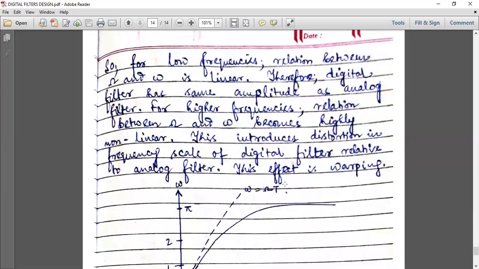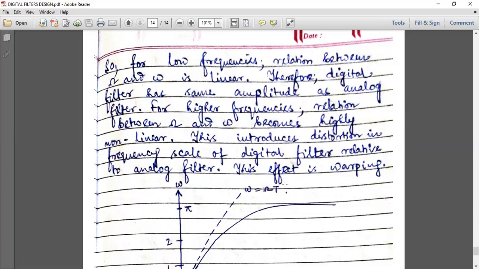Now, for low frequencies, the relation between ohm and omega is linear. Therefore, the digital filter has the same amplitude as the analog. For higher frequencies, the relation between ohm and omega becomes highly nonlinear. This introduces distortion in the frequency scale of the digital filter relative to the analog filter.